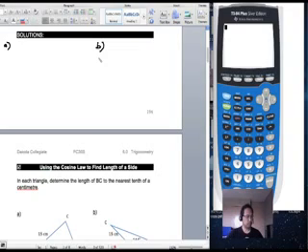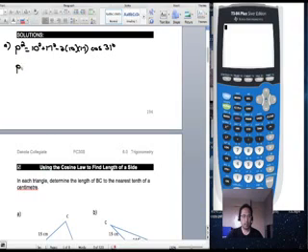Okay, so the calculations for this one could look like, let's just say p squared is going to be equal to, let's square the other two sides, 10 squared plus 17 squared minus 2 times 10 times 17 cos, and what's the angle? 31 degrees.